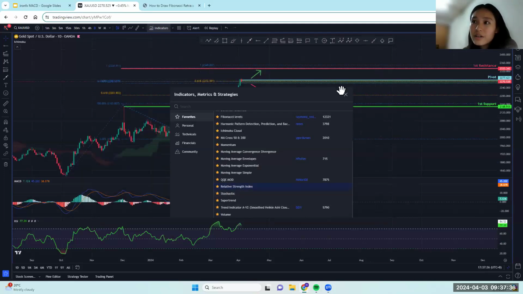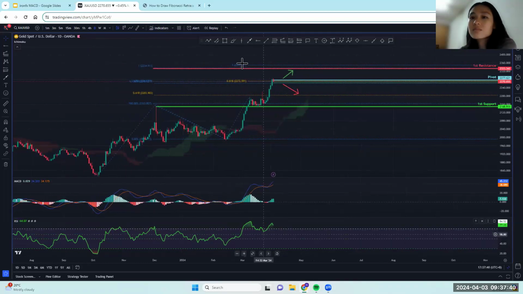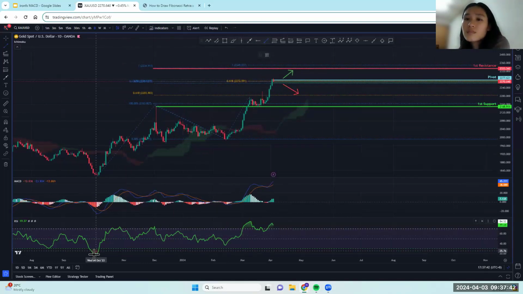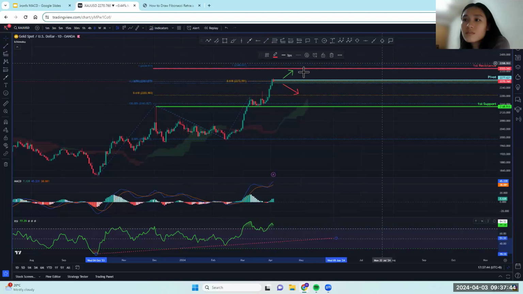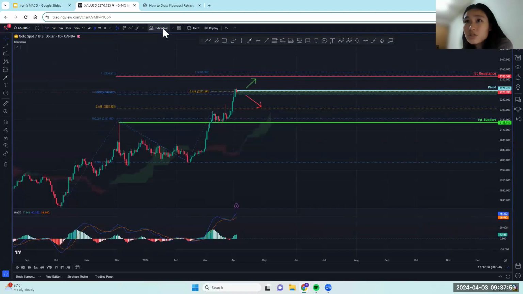Now looking at RSI. Okay, RSI isn't telling us much.